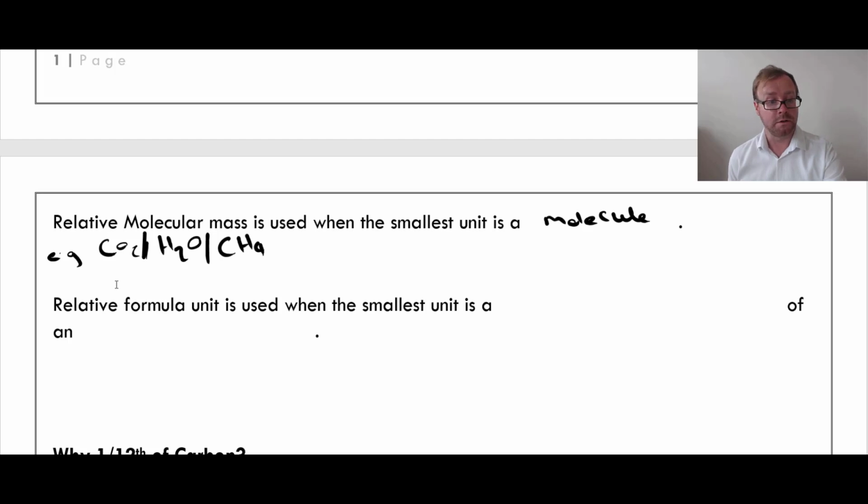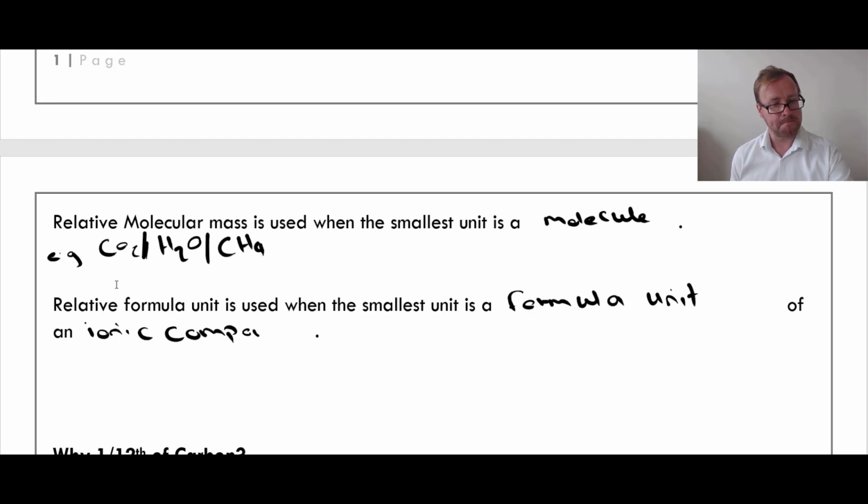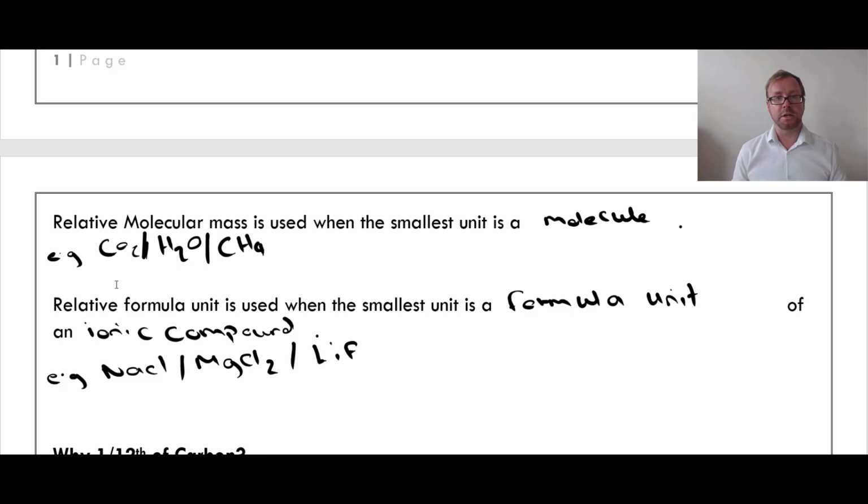Relative formula mass is used when the smallest unit is a formula unit of an ionic compound, e.g. sodium chloride, magnesium chloride. Let's choose another one: lithium fluoride.